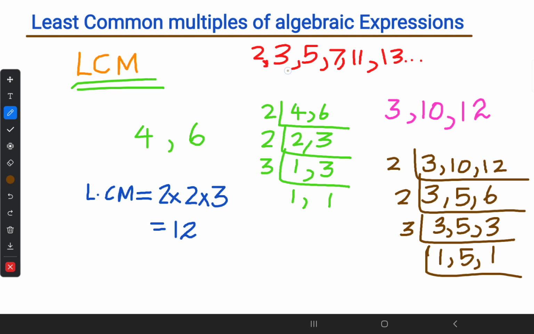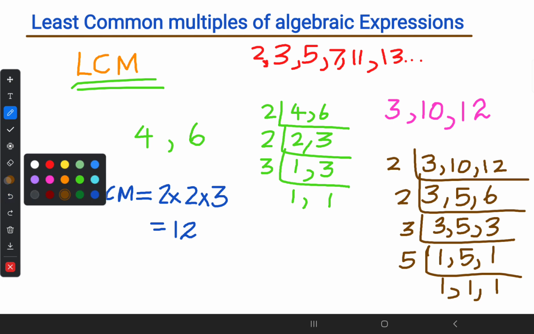So you move to your next prime number, that is 5. 1 remains the same. 5 divided by 5 is 1. No need to divide 1 by 5 further. Don't divide 1 by 5 and write 0.2 here. If you receive 1, 1, 1, that's all for our division.